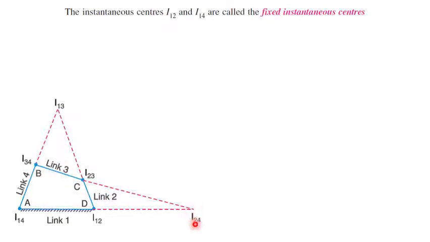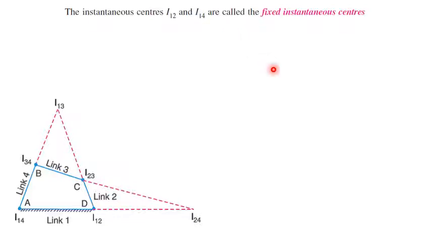Here I24 and I13 are called neither fixed nor permanent instantaneous centers. Whereas I12 and I14 in the figure are called fixed instantaneous centers.